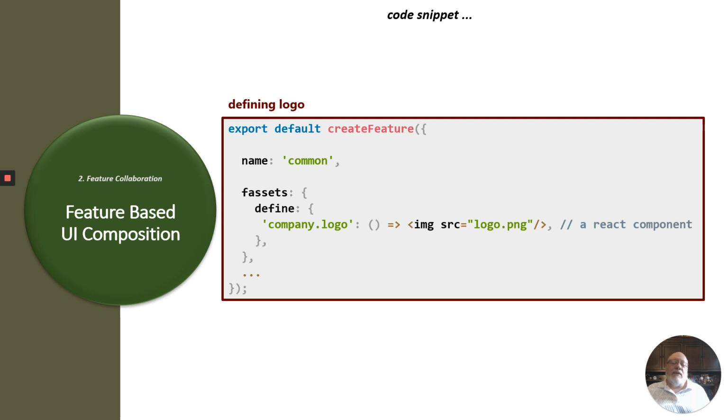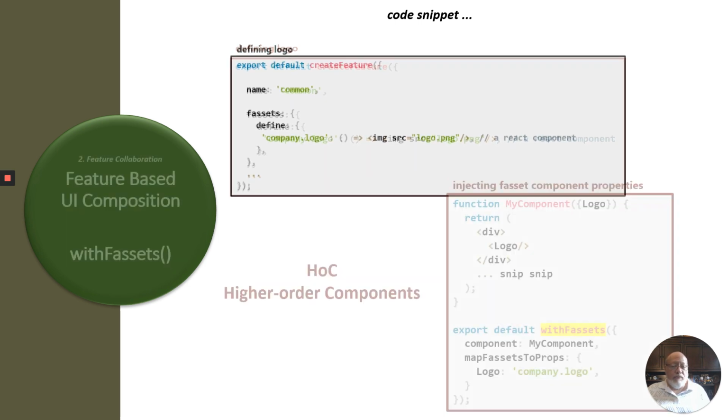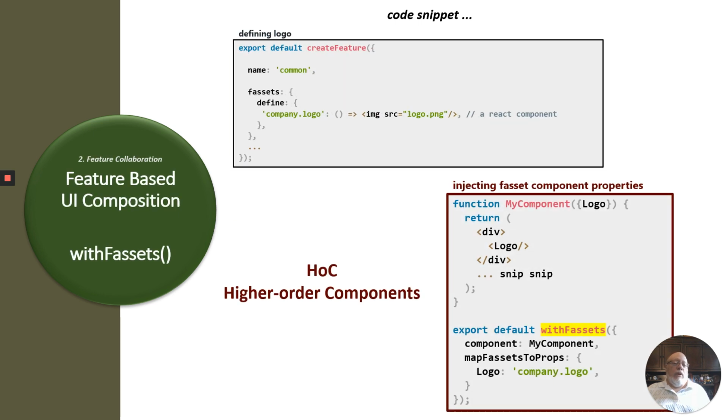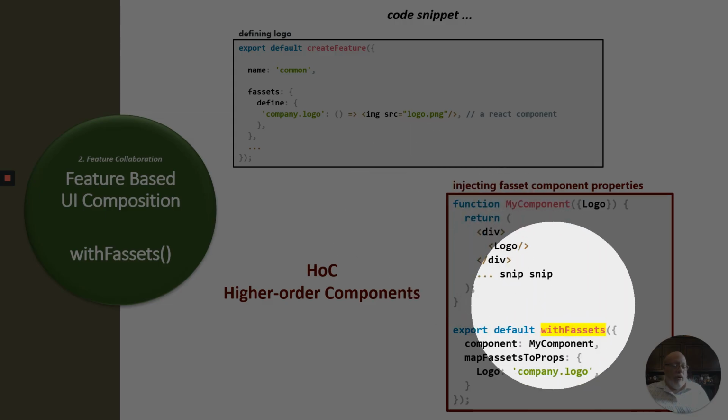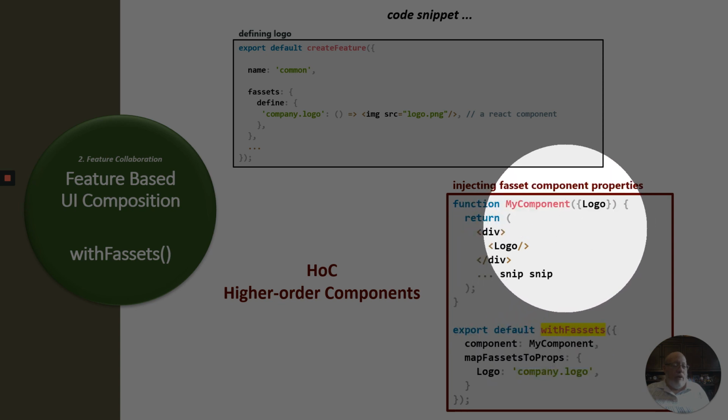So how do we access this component in other components across feature boundaries? Well, the common way of doing this until recently within React is higher order components. So feature U provides a withFacets higher order component, and basically the HOC simply wraps another component and injects properties into it.